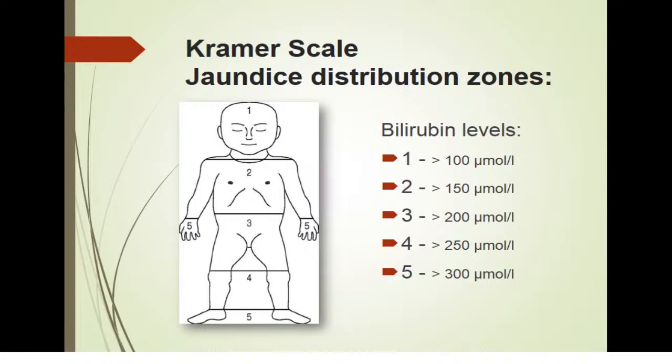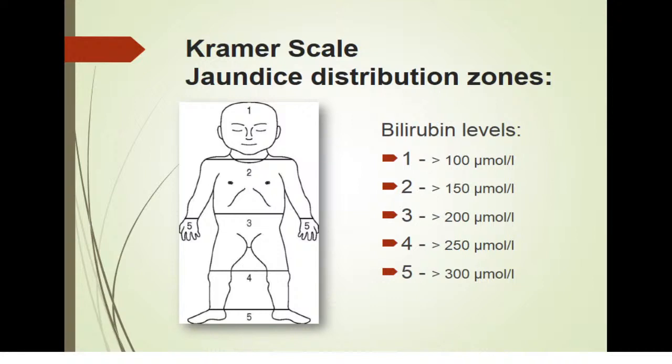If jaundice is in the first and second zones, up to the navel, approximately 150 micromole per liter. If there is jaundice in 3 zones, up to the midsection, the bilirubin level is approximately 200 micromole per liter.